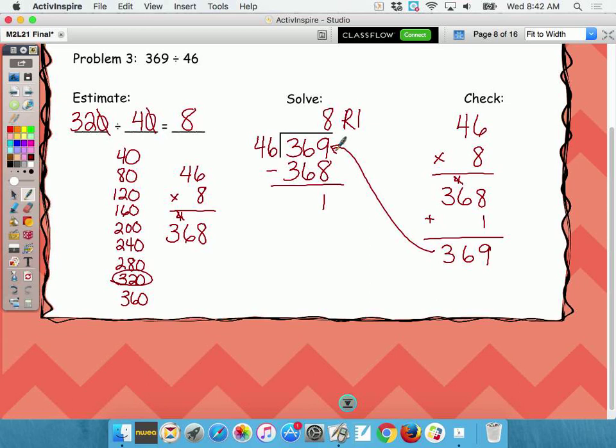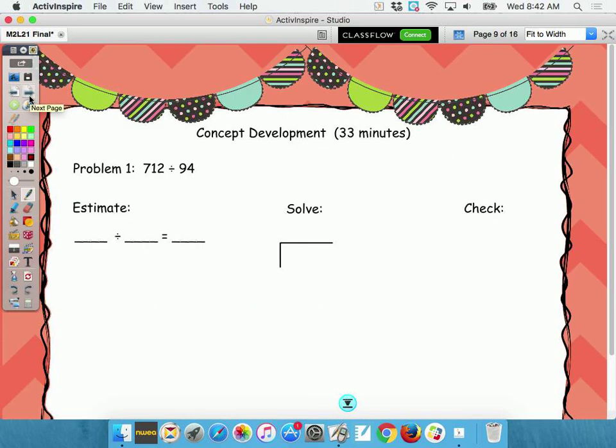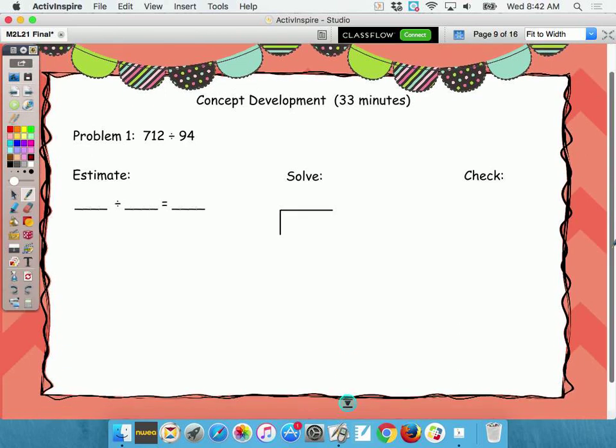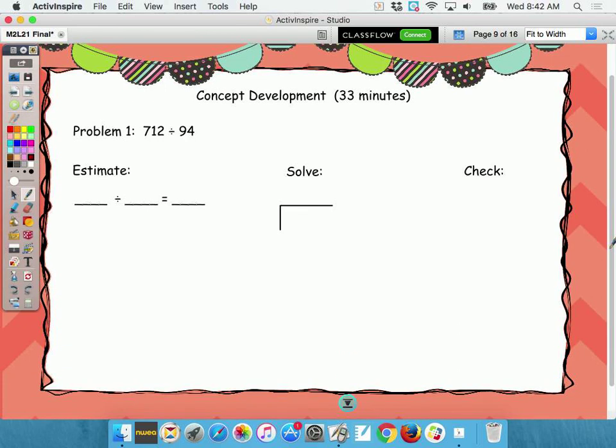Yes. Okay. Is it going to get any harder? We'll see. So this problem, it's higher anyway, isn't it? Yep. Yeah, 712 divided by 94. So round 94 to what? 90? I think so.